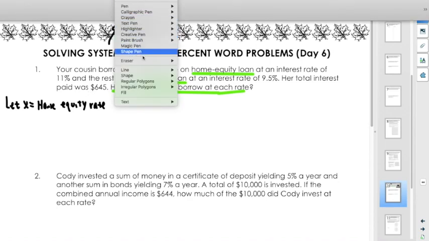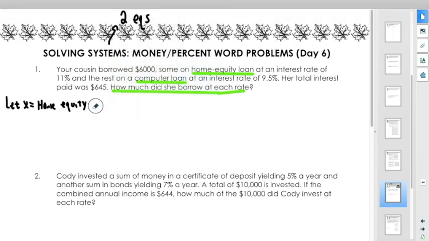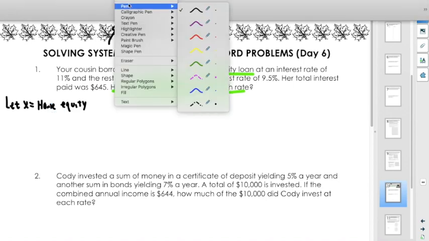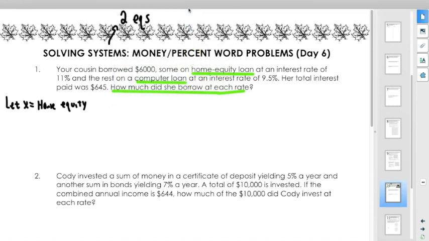Erase that. It's not the rate, but we want to know how much she borrows at each rate. Well, let's let x be the home equity amount, the home equity loan. That makes more sense, because we already know the rates. It's 11% and 9.5%. I don't need to find that. I need to find how much of each it was. And then let's let y equal the computer loan.